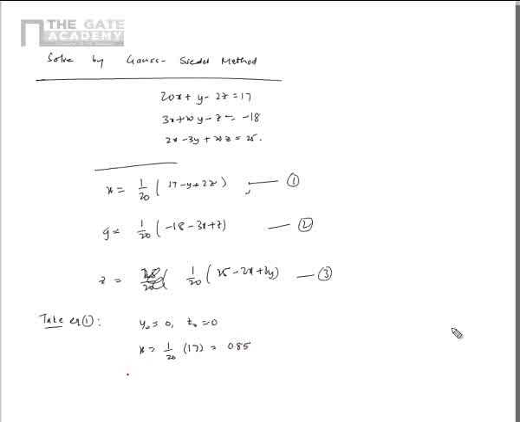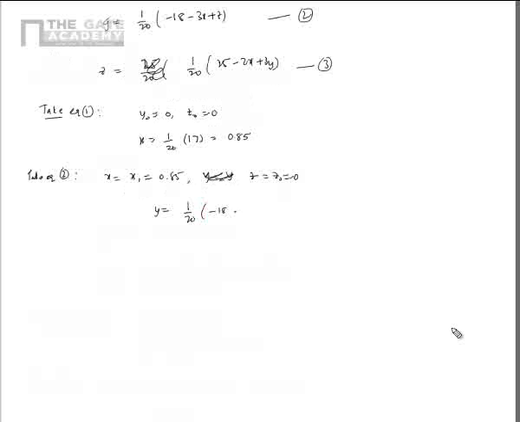Now take equation 2. x is x1, which is 0.85 now, and we need to find y, with z being z0, which is 0. Substituting in equation 2, we get y as 1 by 20 into minus 18 minus 3 into 0.85 plus z, which is 0. This gives minus 1.0275 as y1.